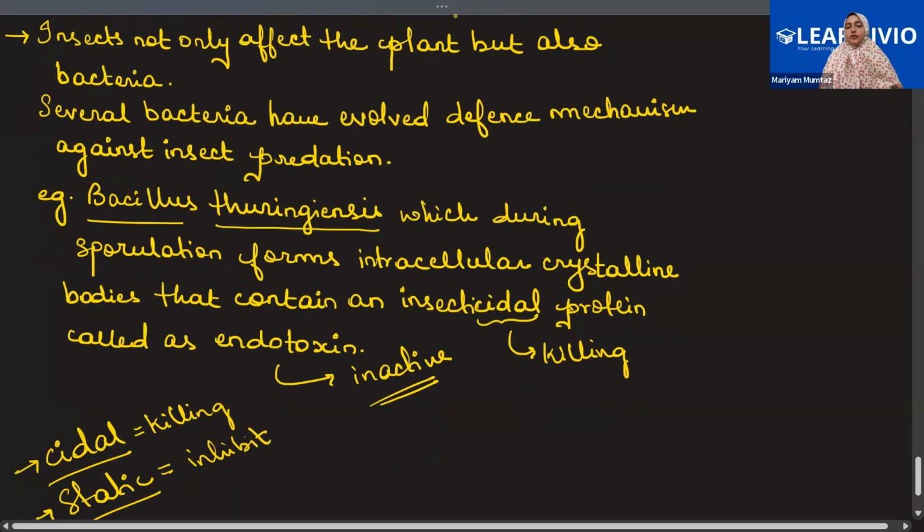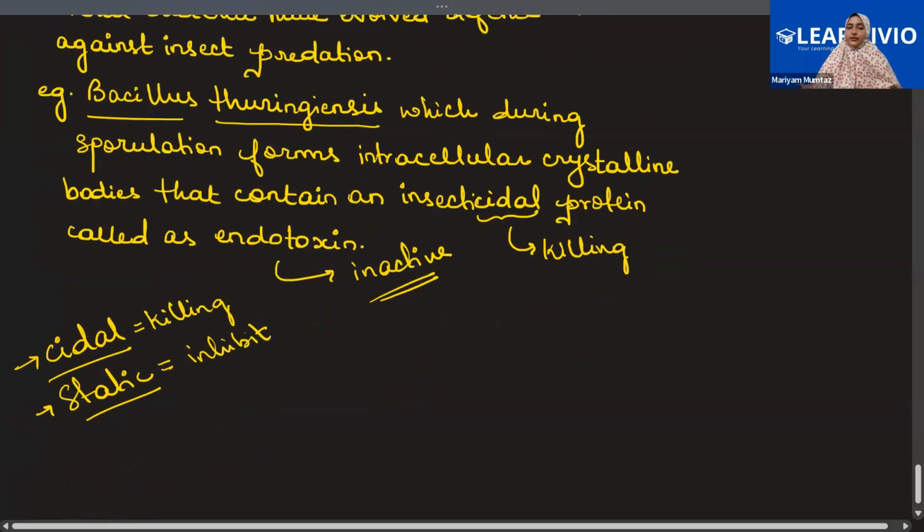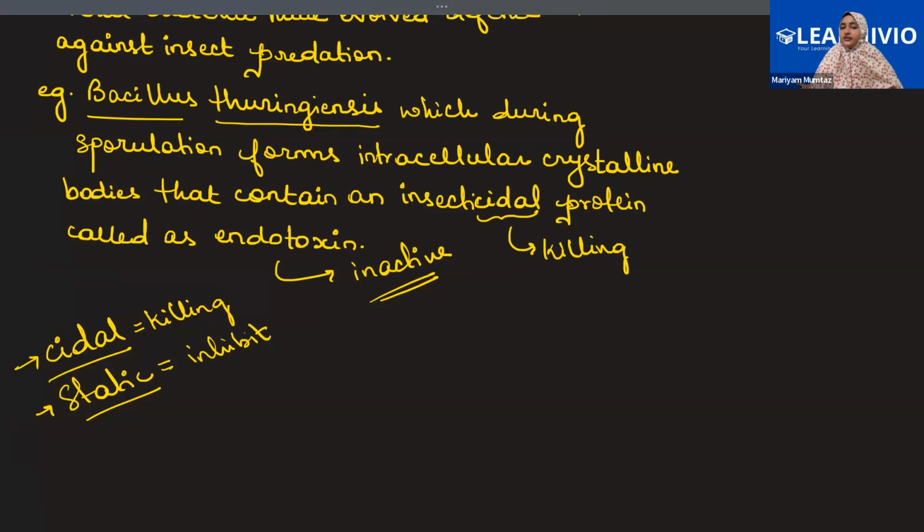Now, we talked about Bacillus thuringiensis, which during sporulation forms intracellular crystalline bodies that contain an insecticidal protein called endotoxin, right? And we know that this endotoxin inside the cell of the bacteria will be in an inactive form.